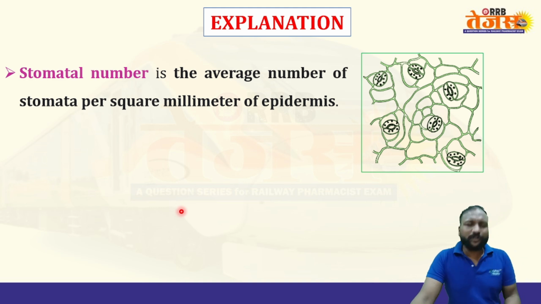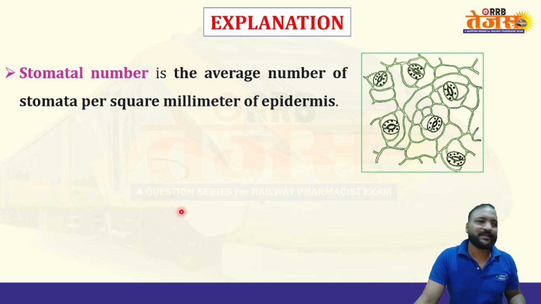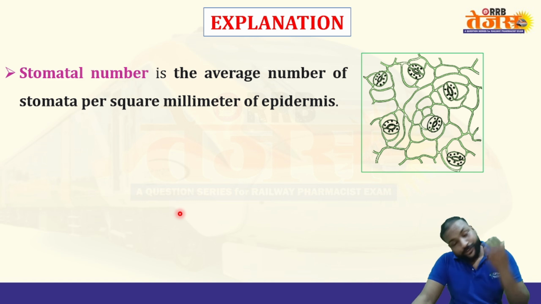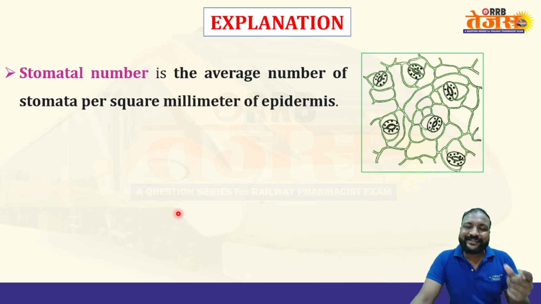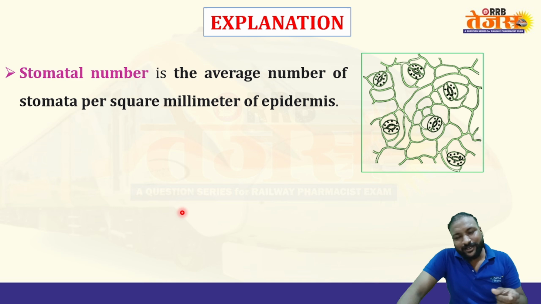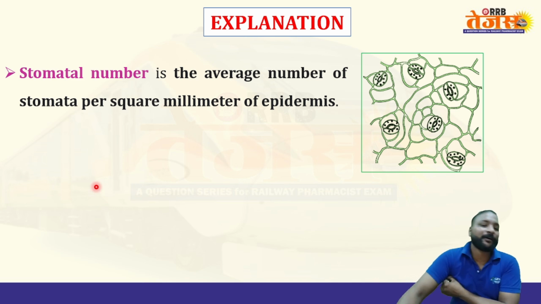In that, we have a lot of techniques like determination of stomatal index, stomatal number, venal number, vein termination number, palisade ratio, size and diameter of starch grains, type of calcium crystals, width and diameter of trichomes. So in the microscopic evaluation, we test for the detection and type and number of stomata. That is nothing but stomatal number.